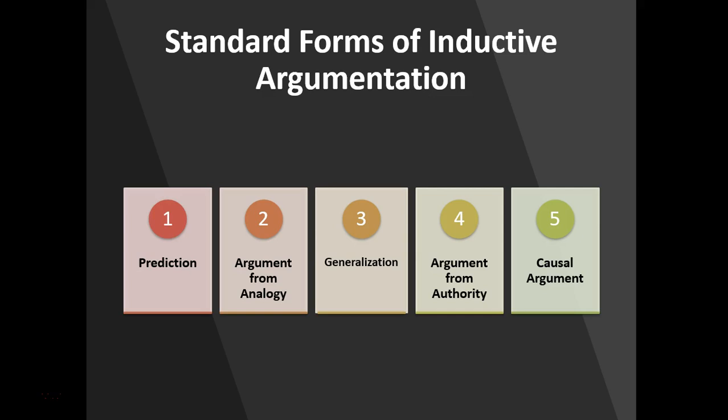And in inductive argumentation, if you remember, the conclusion is meant to follow only probably from the premises. Not necessarily, but probably. You've got a good chance that the conclusion is going to be true if the premises are true. And so here we've got argument by prediction, argument from analogy, generalization, argument from authority, and a causal argument.